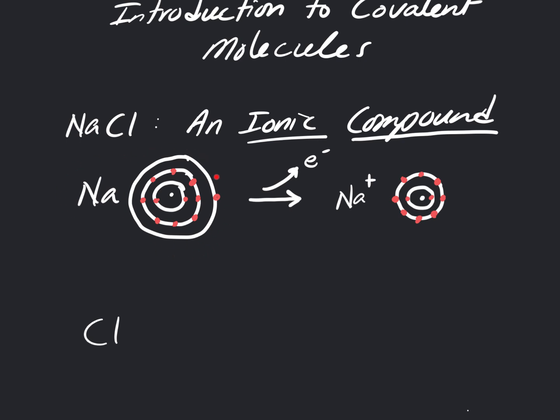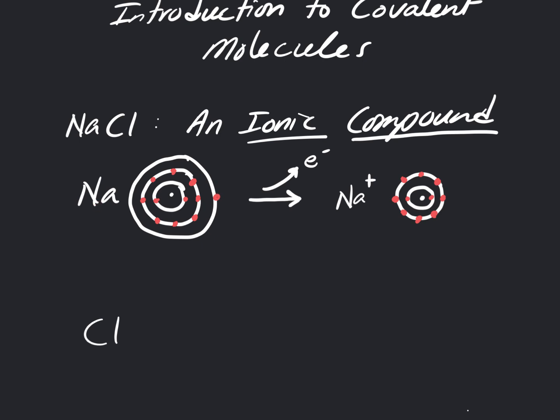This is a Bohr model diagram for sodium, and we've got one electron in that valence shell. Remember what a valence shell or a valence electron is. This is the one valence electron, the one electron in the outer shell for sodium.